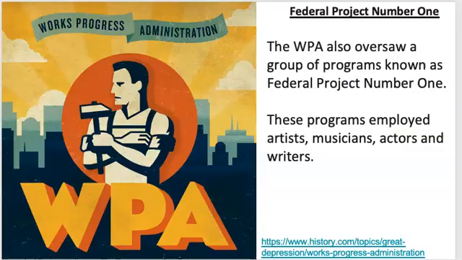like the WPA again. So part of the WPA was Federal Project Number One, and it was just known as Federal One. And this put artists back to work while entertaining and inspiring the larger population by creating a hopeful view of life amidst this economic turmoil.